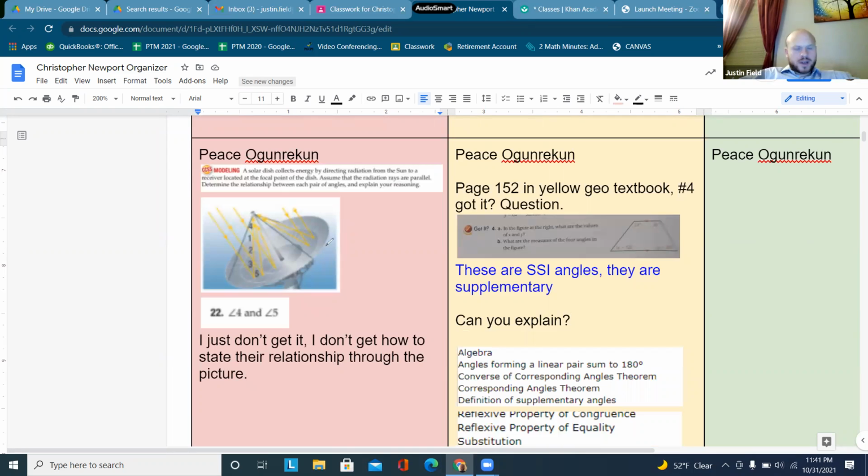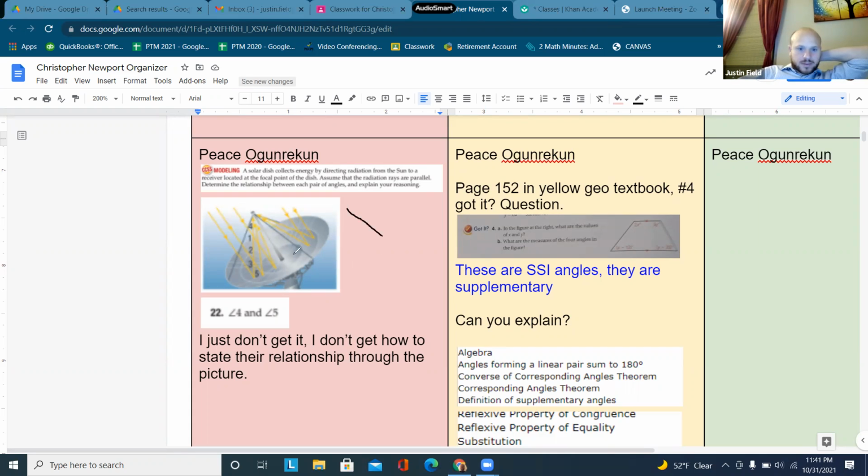All right, so let's get to it. First, about the satellite question. So, as I said before, what we got to do is extend the lines. But what would also be helpful is to just draw the parallel lines outside of the picture, and then the transversal here.